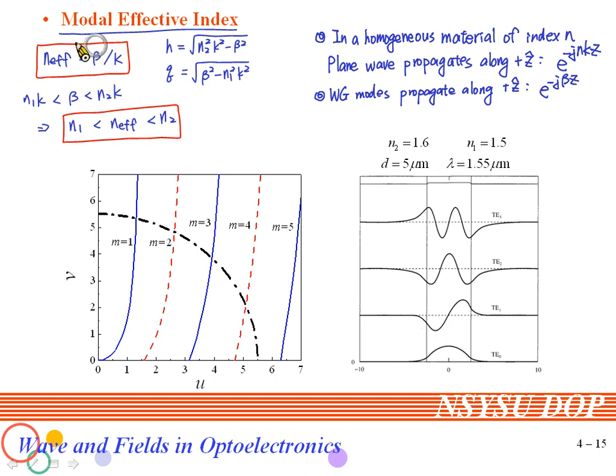Considering the definition of NEFF, exponential minus j beta z can be written as exponential minus j beta over k times k z, which is exponential minus j NEFF k z. Okay?